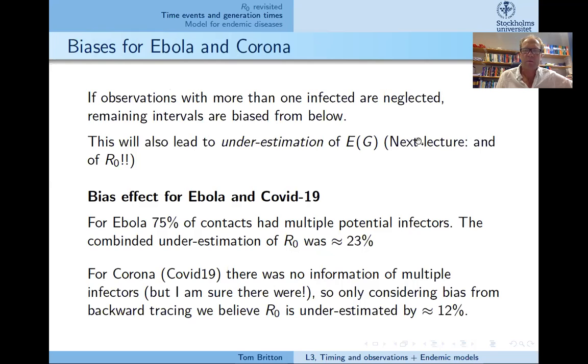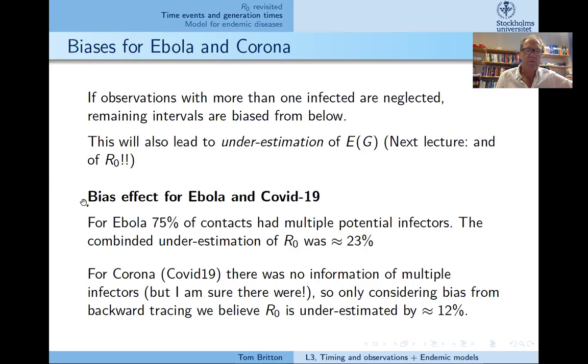As a consequence, which I will explain in my next lecture, you underestimate R0. So all these three problems have the same direction of effect: you would underestimate the mean generation time, or in one case overestimate its variance, and the consequence is that you would underestimate R0.